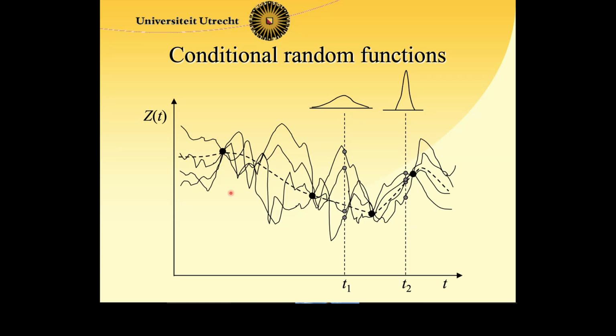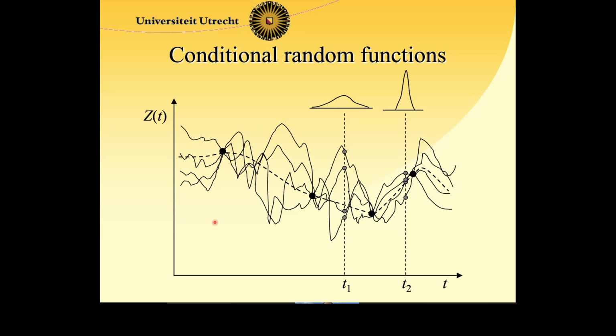And of course, because this is a subset of all possible realizations, it reduces the total uncertainty that we have about the uncertain variation in time. Yeah? So now we're only selecting those realizations of the random function that exactly pass through the observations. And this subset of realizations together make up the conditional random function.